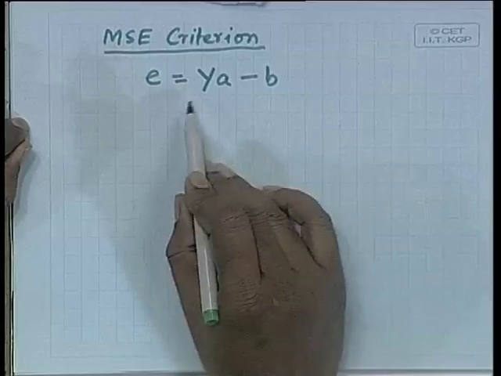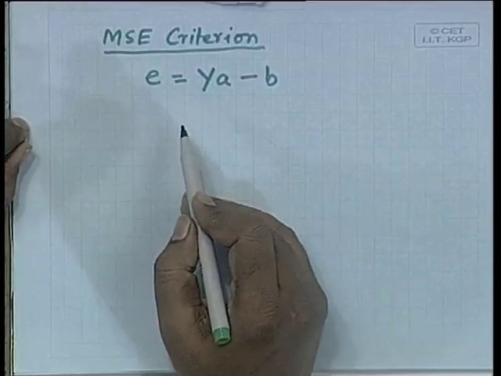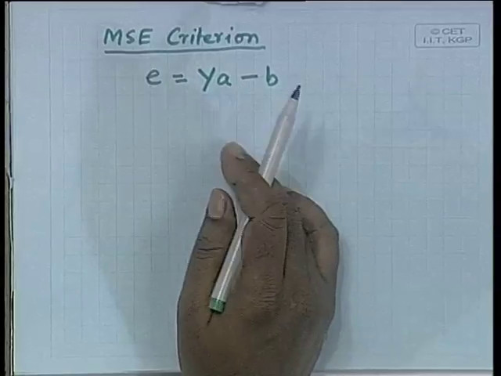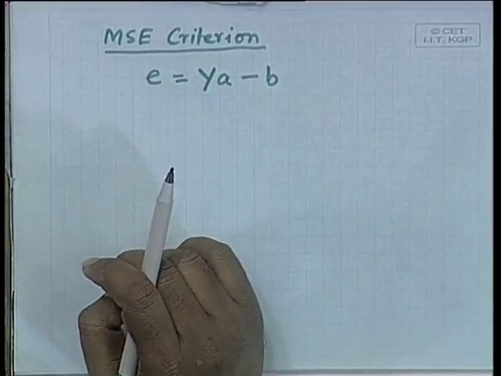Okay. So, for this MSE criteria, the aim is to reduce square of this error or to minimize the square of this error. Okay.